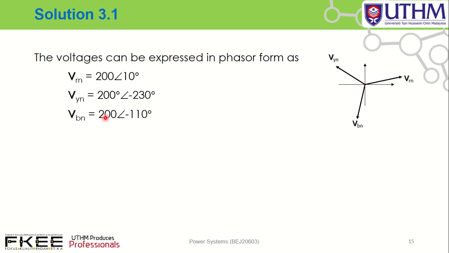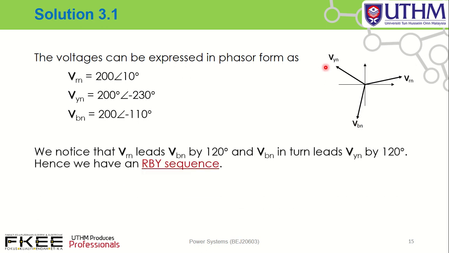Again, VBN equals 200 angle minus 110, this one 110 degree. So from the phasor diagram we can easily recognize this one is RBY, because R is followed by B and then followed by Y. We call it the RBY sequence.